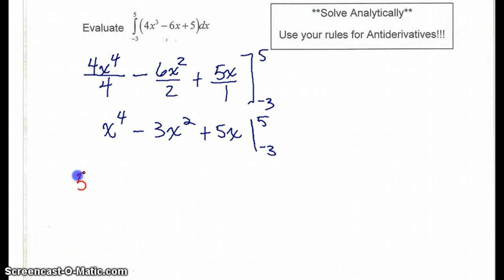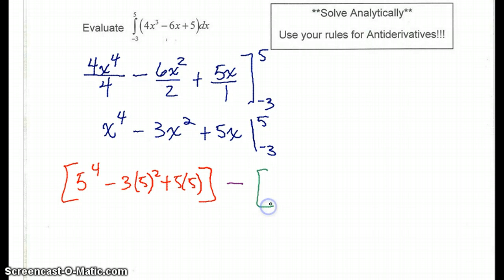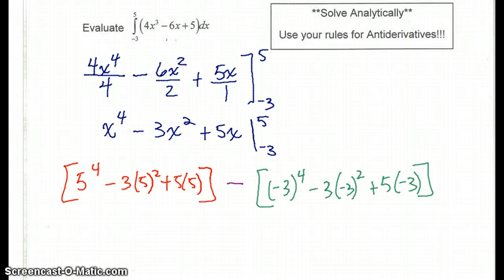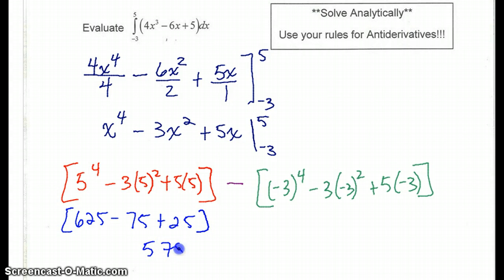So we will have these two setups. Then we're going to actually use our calculator or our mathematical ability to solve and get 625 minus 75 plus 25. Combine all terms to get 575.